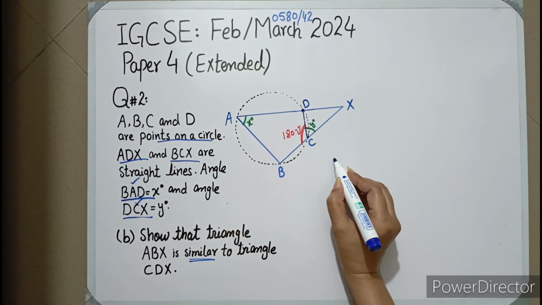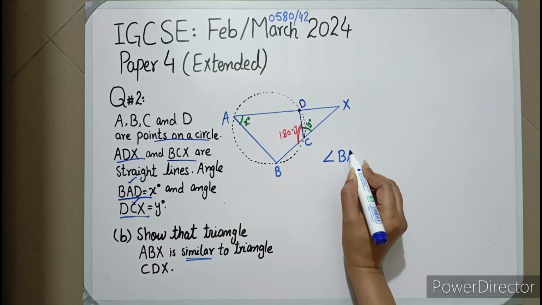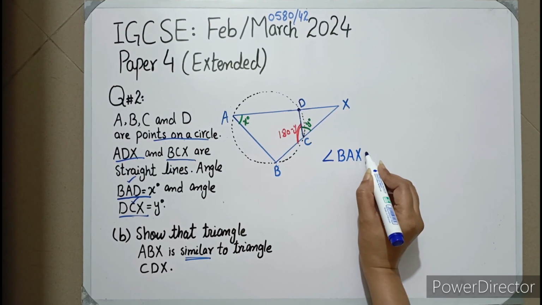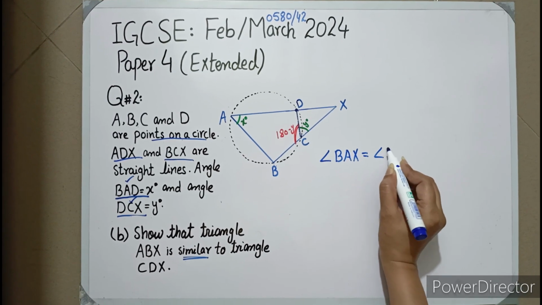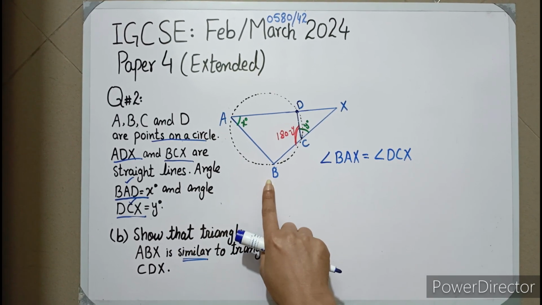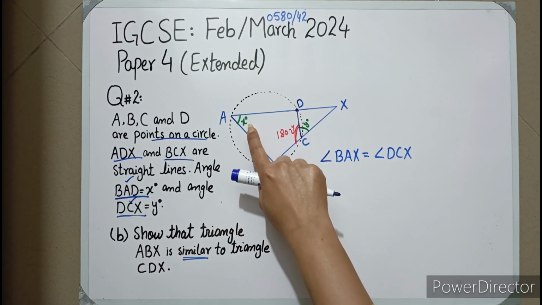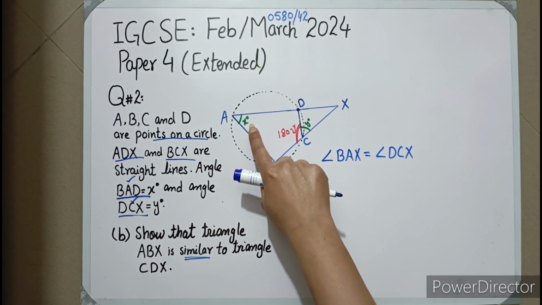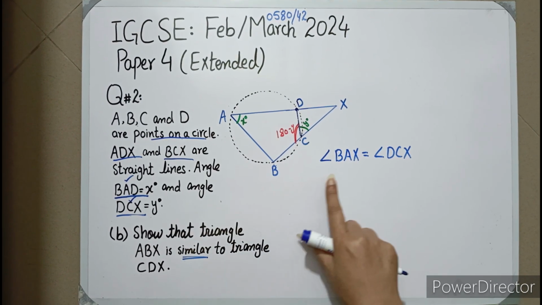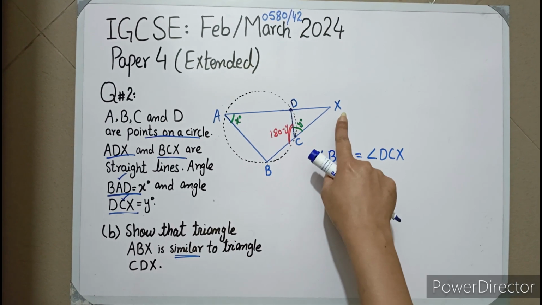Okay, as we know, angle BAX is equal to angle DCX. BAX, this angle x degrees actually, is equal to DCX.